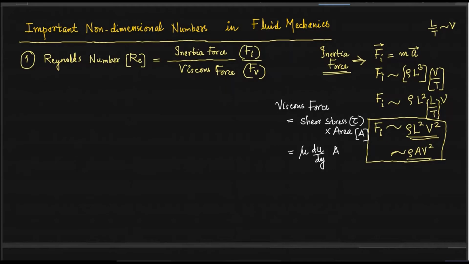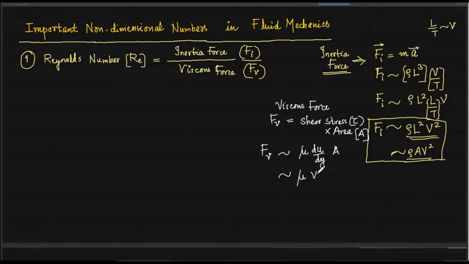Now this viscous force Fv, or viscous resistance or shear force acting on the fluid, is of the order of, and I want the dimensional form of each term involved: mu, let it be there, then du by dy, the change in velocity over the change in distance normal to the flow direction. That is a velocity gradient.